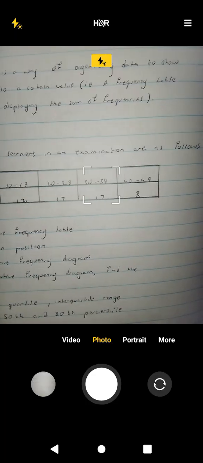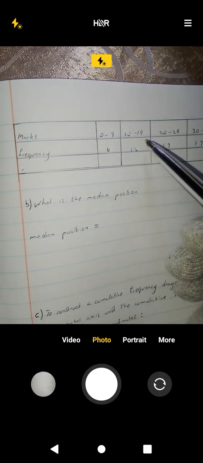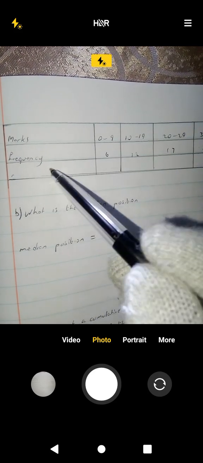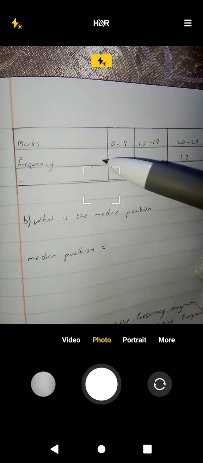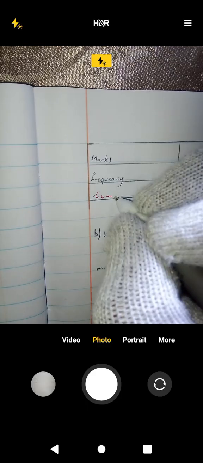Yes, so we have now completed our frequency table exactly as it was, and then we shall now complete this extra row. So this is a cumulative frequency table, so it has this row called cumulative frequency.